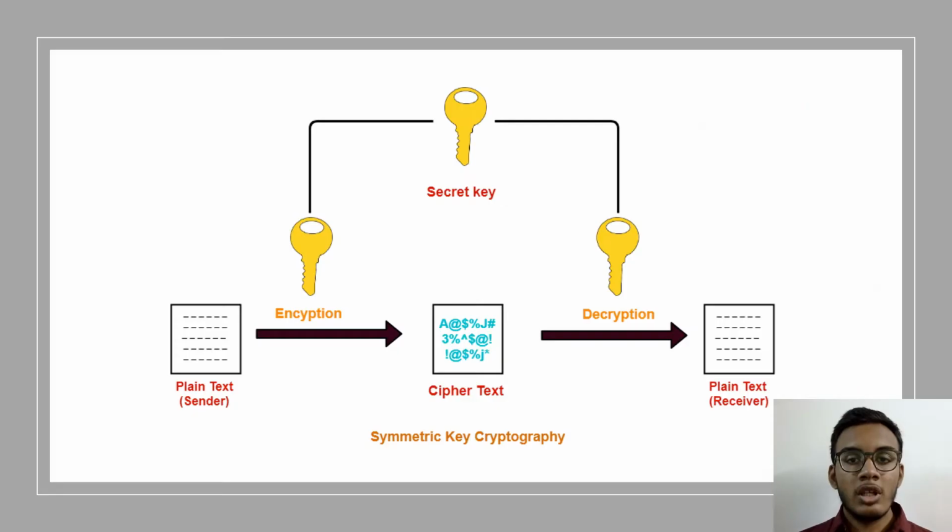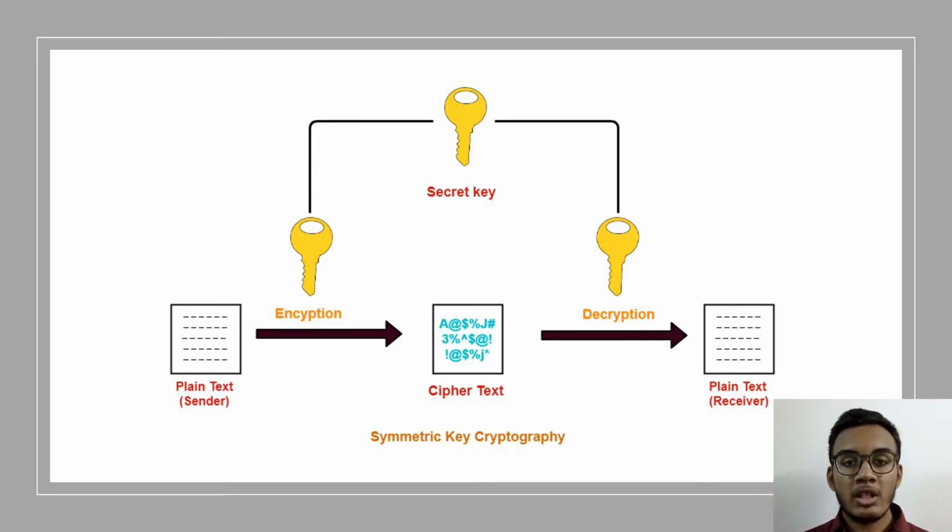This diagram represents the workflow of symmetric key cryptography. In this, the plain text is encrypted using a key. The encrypted text, that is the cipher text, is sent to the receiver.